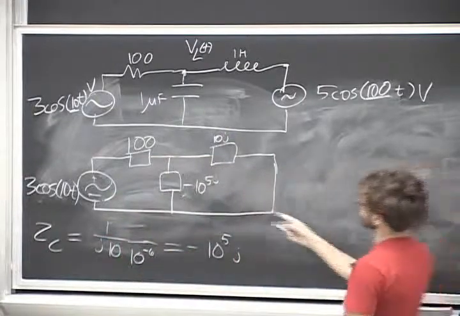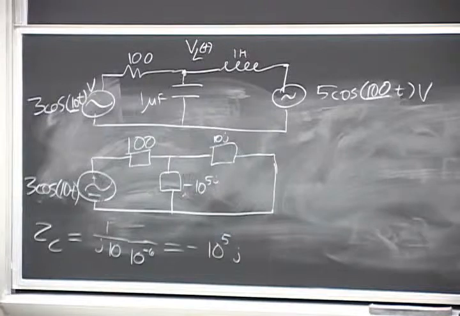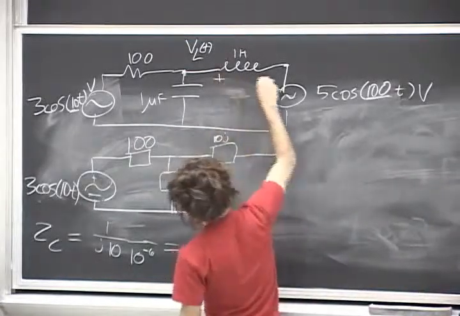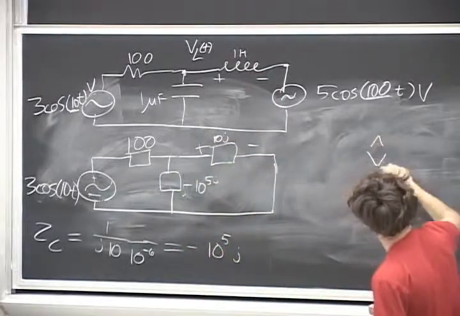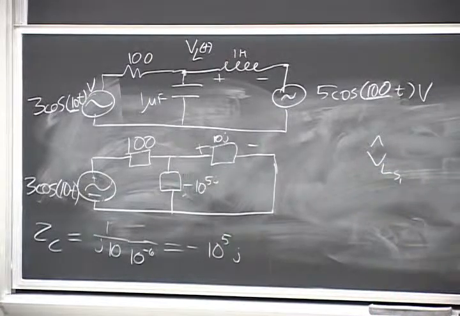So our goal is to find the voltage across this thing. What's one way we could do that? How do you guys want to do it? So we're trying to find, again, VL. So our goal is to find V hat L. Source 1, I guess.